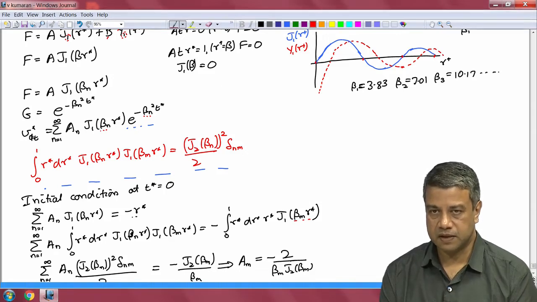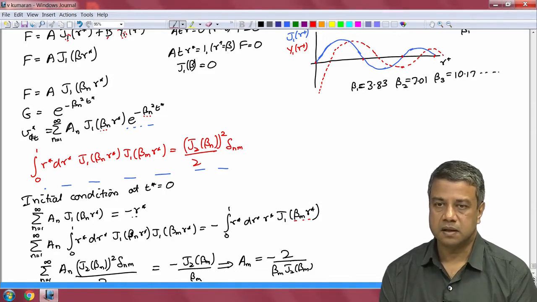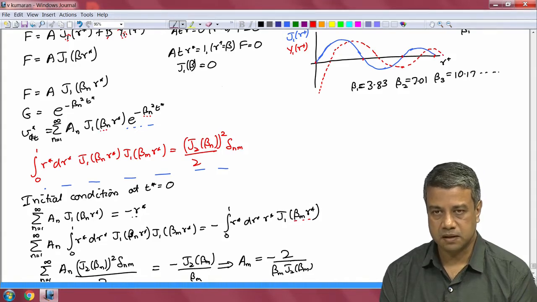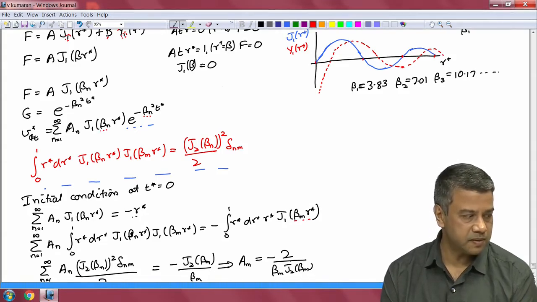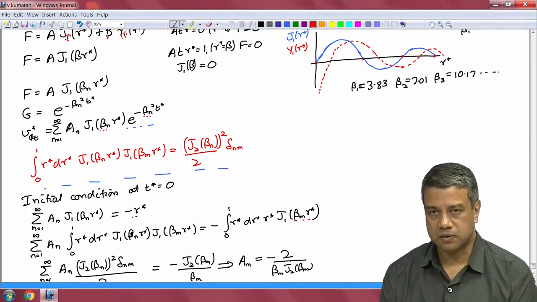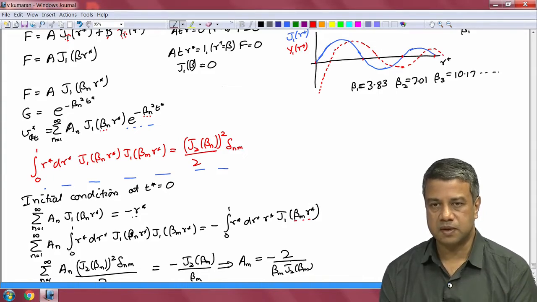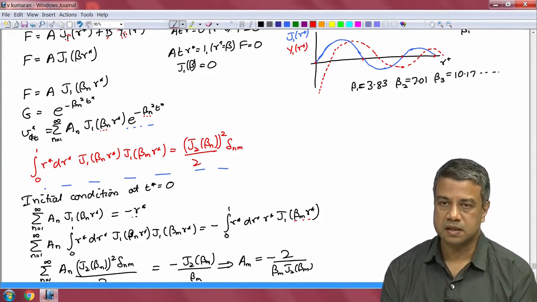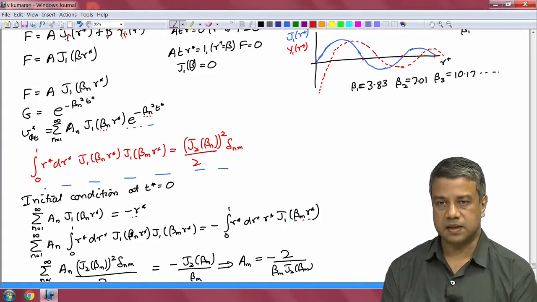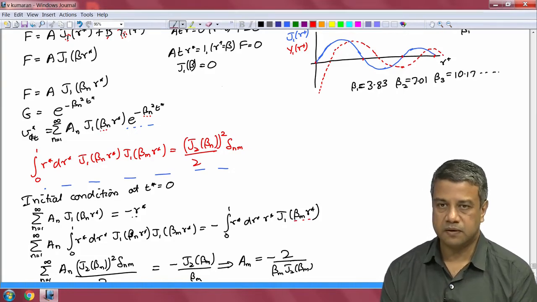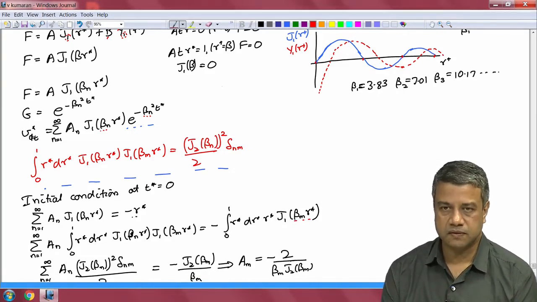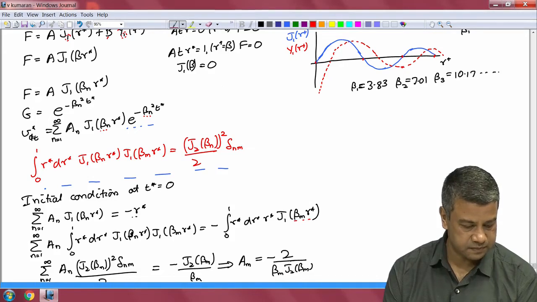So, for finite values of t, the term proportional to e power minus beta 2 square t will be much smaller than the term proportional to e power minus beta 1 square t, and so on. Each successive term will be smaller by a factor that goes as e power minus beta n square times t. Therefore, you can truncate it at a finite number of terms.